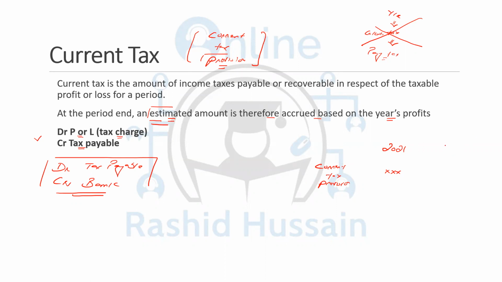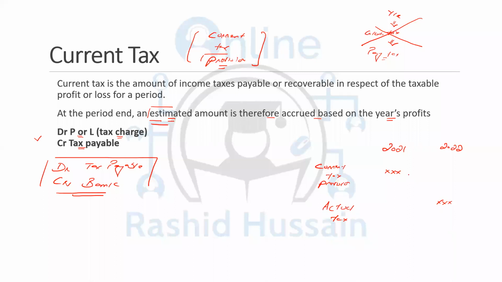So that means in 2022, in the next year, you will become aware of your actual tax. This was the current tax provision, and your actual tax will be the story of the next year, which is 2022.